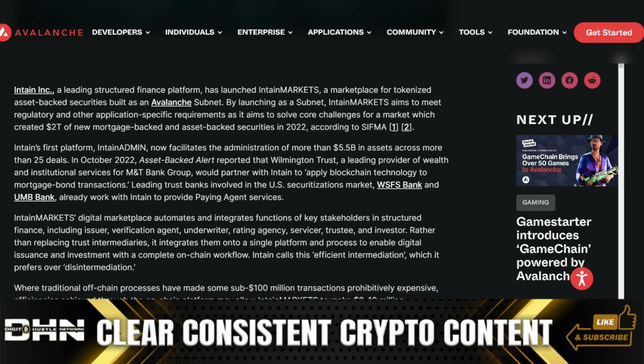Leading trust banks involved in the U.S. securitizations market, WSFS and UMB, already work with Intain to provide paying agent services. So there's the U.S. connection that I've been trying to focus on.